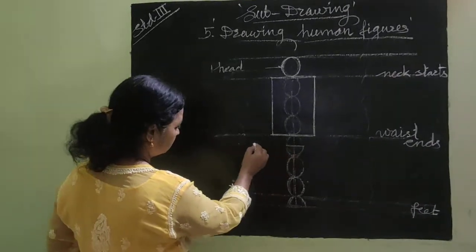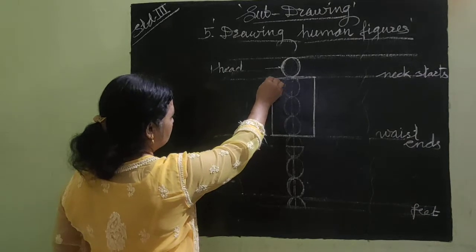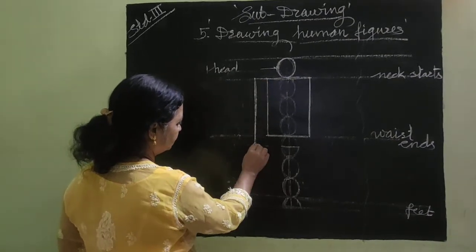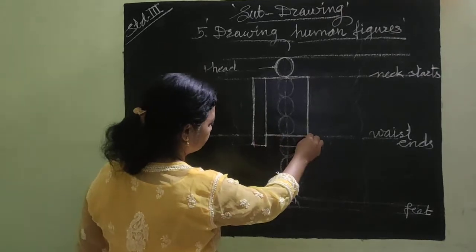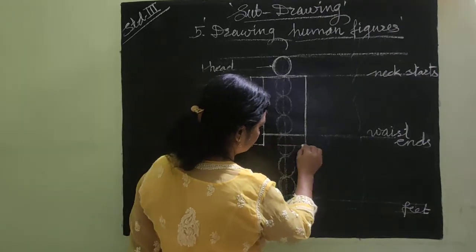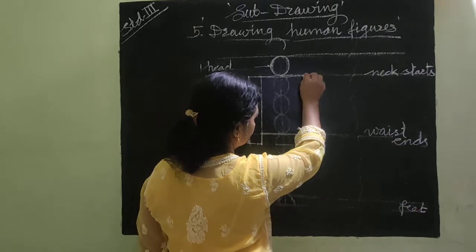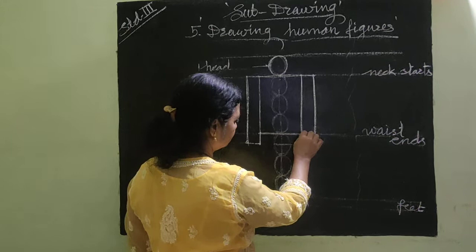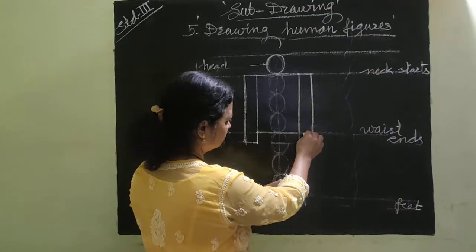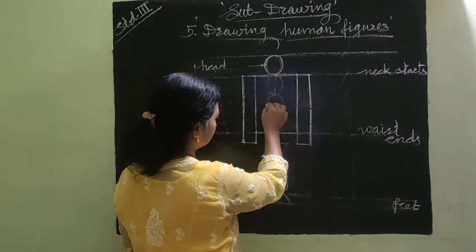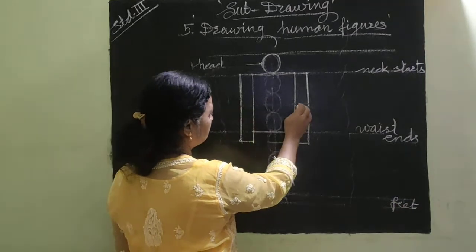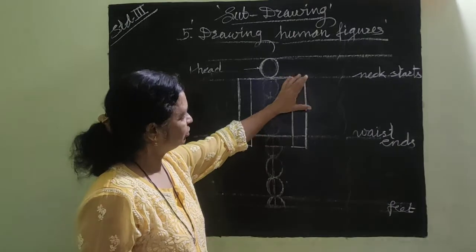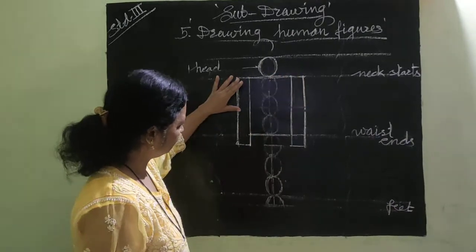This much. This is our hand, this much. So when we hop it here, our elbow and shoulders start here. So very simple, easy to understand.